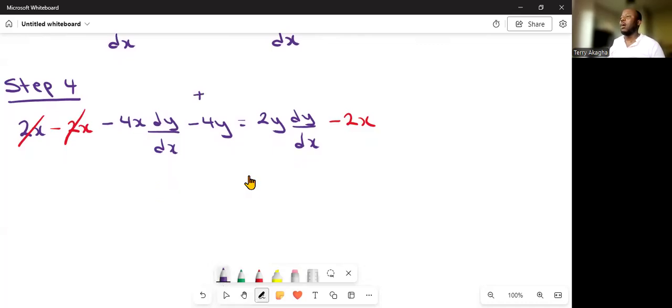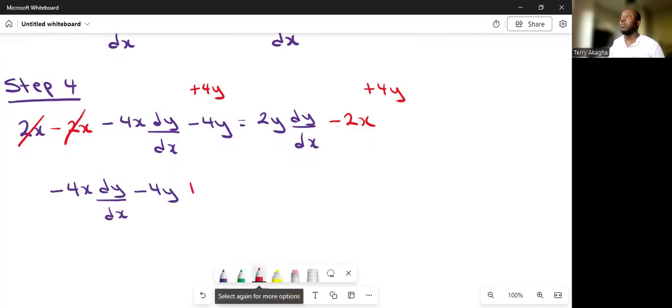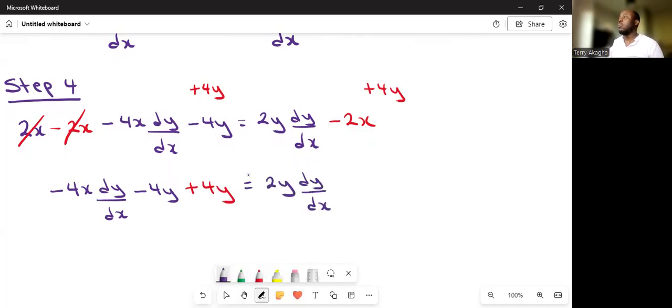So I'm going to add 4y to both sides so I can remove the minus 4y. Are you seeing it? So it's going to become minus 4x dy over dx, and the minus 4y becomes plus 4y, will be equal to 2y dy over dx minus 2x. Then we have plus 4y, so this one is going to cancel that one out.